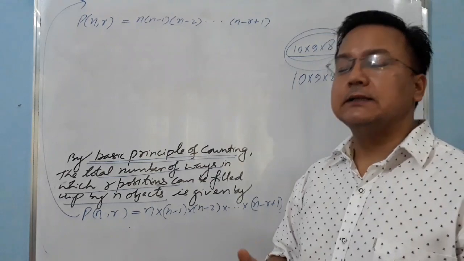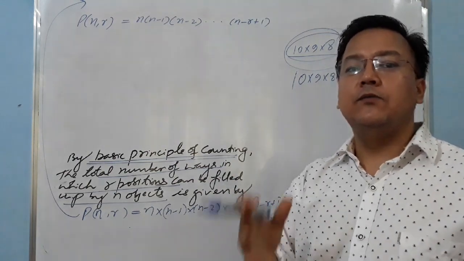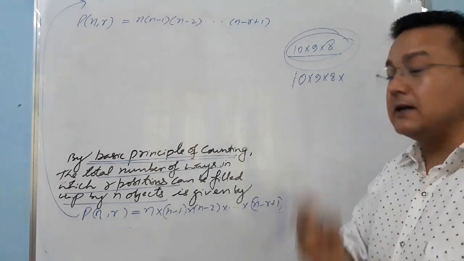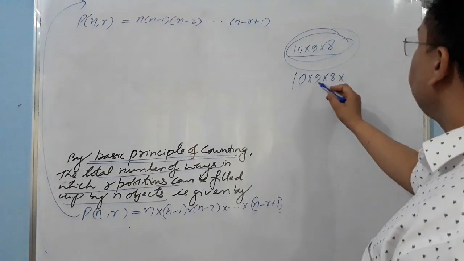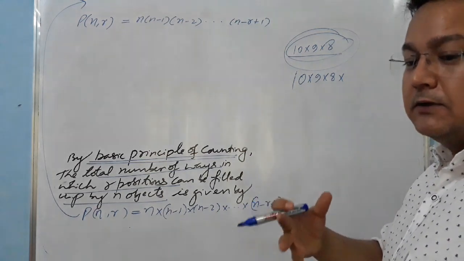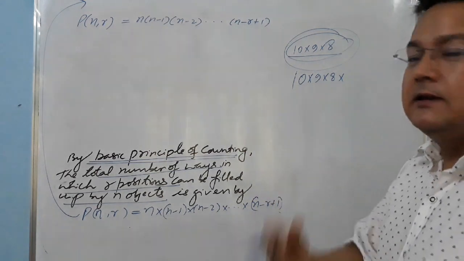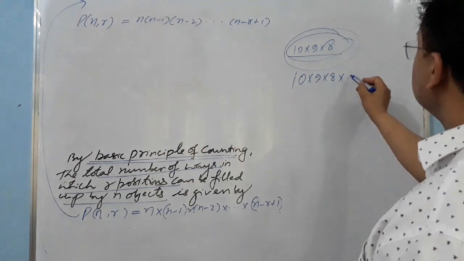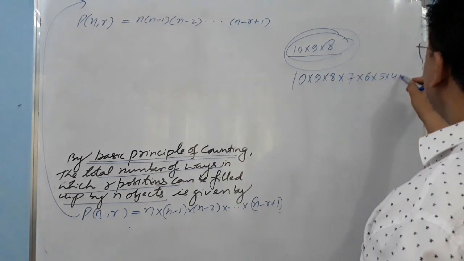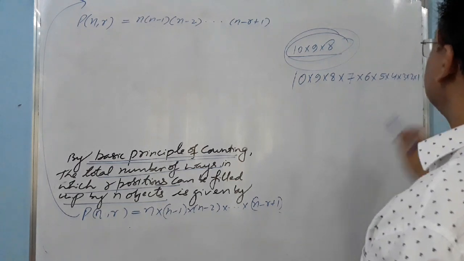Factorial n means the continued product of the first n natural numbers. Using the same concept, if we want to write 10 factorial, we need to write down the product of the first 10 natural numbers: 10 times 9 times 8 times 7 times 6 times 5 times 4 times 3 times 2 times 1.